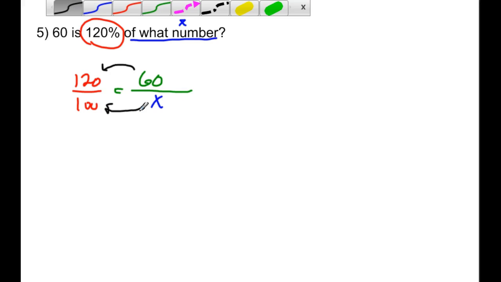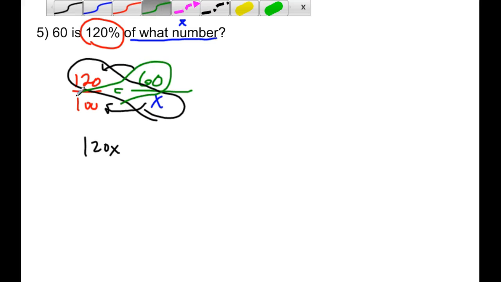But if that doesn't make sense, you can do the shortcut. Let's multiply 120x equals, when you multiply the other direction, 60 times 100, which is going to be 6,000. Divide by your 120. And like I said, the answer is going to be 50.